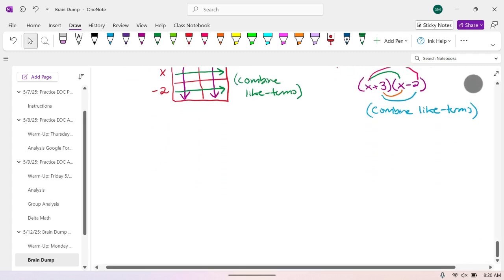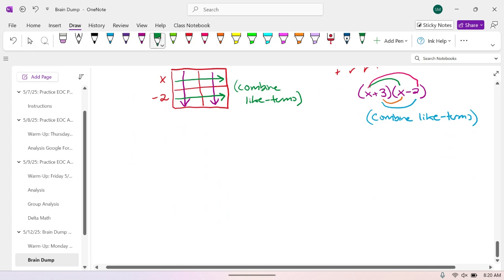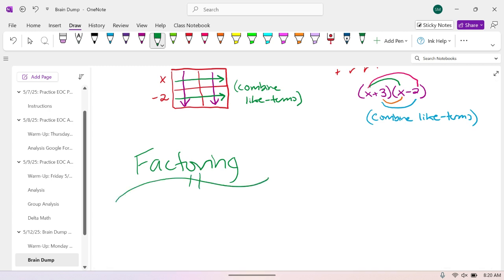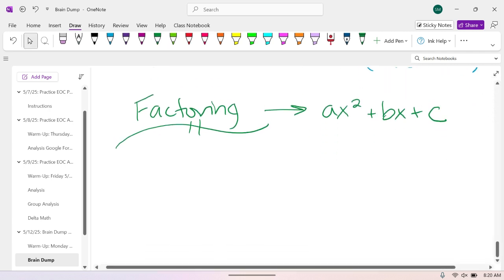And then lastly, we have factoring. Which you guys typically factor ax squared plus bx plus c. Now, since we did a lot with algebra tiles when we were factoring, I would actually draw a quick sketch of algebra tiles because I feel like that was a good visual for you guys.